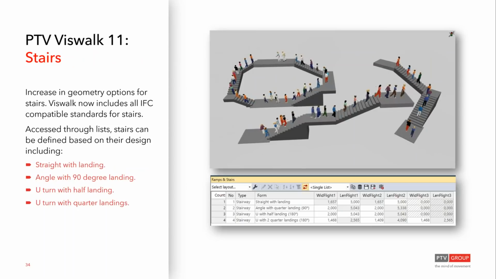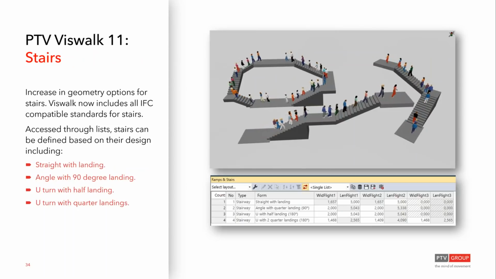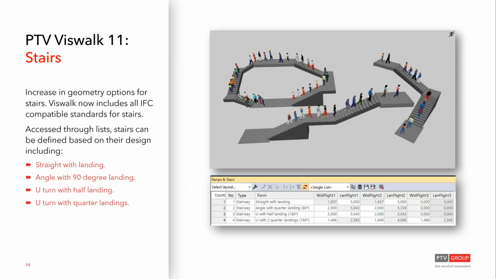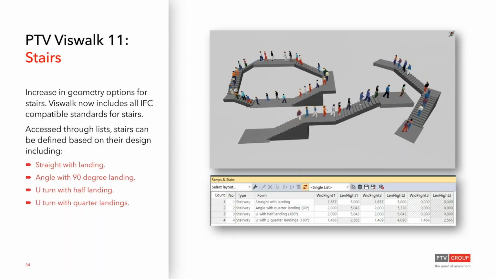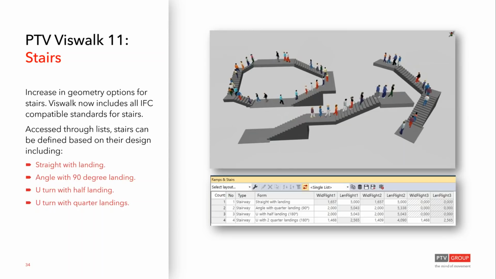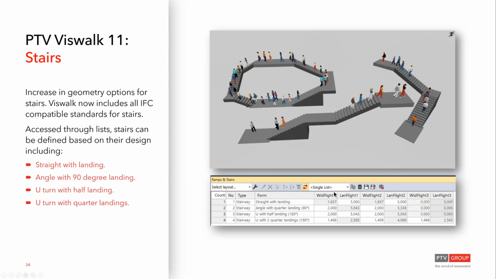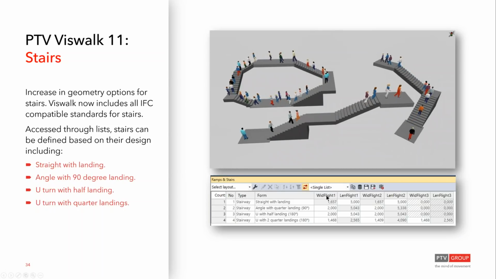For stairs, there's an improvement. It's now much easier to model different shaped stairs, as you see them here: straight with landing, angled with 90-degree landing, U-turn stairs, and so on. Therefore, in ramps and stairs, you have some additional flight attributes which you can change.